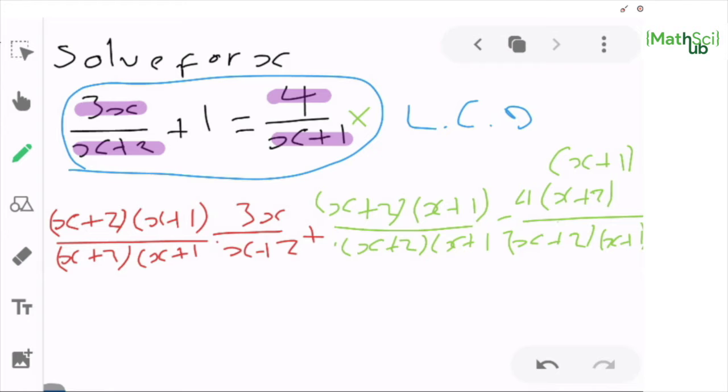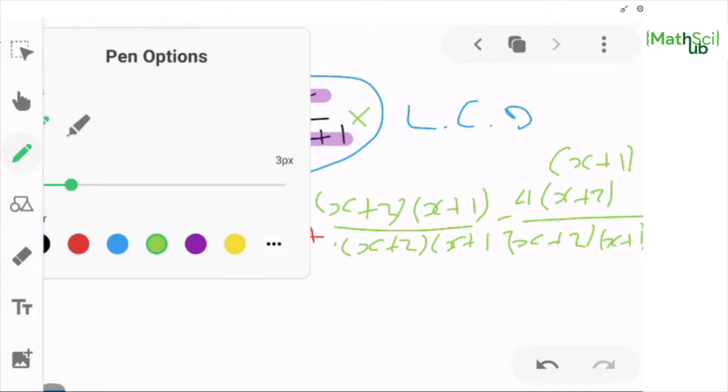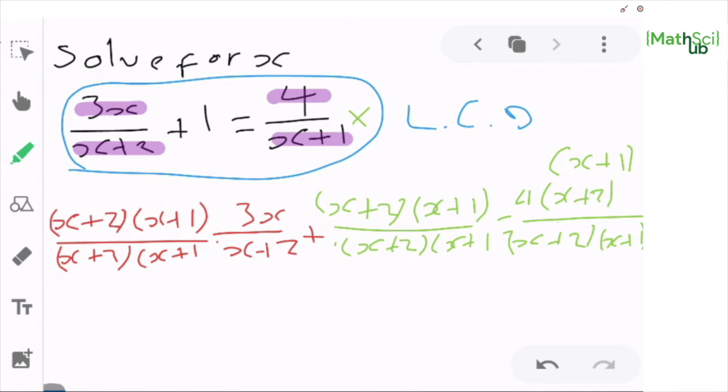All right, now from here we can see that we can cancel out the x plus 2. It cancels out with this x plus 2, and this will leave the same. Now on the other side, our x plus 1 will cancel out with the x plus 1 for this expression here, right?